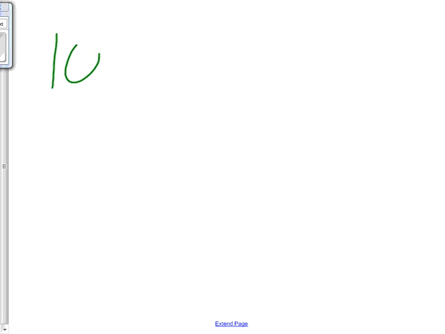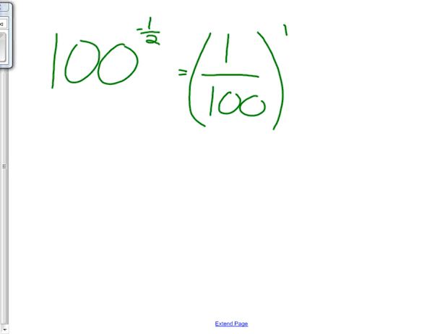I have 100 to the negative 1 over 2. The other thing, right? 1 over 100, all to the 1/2.